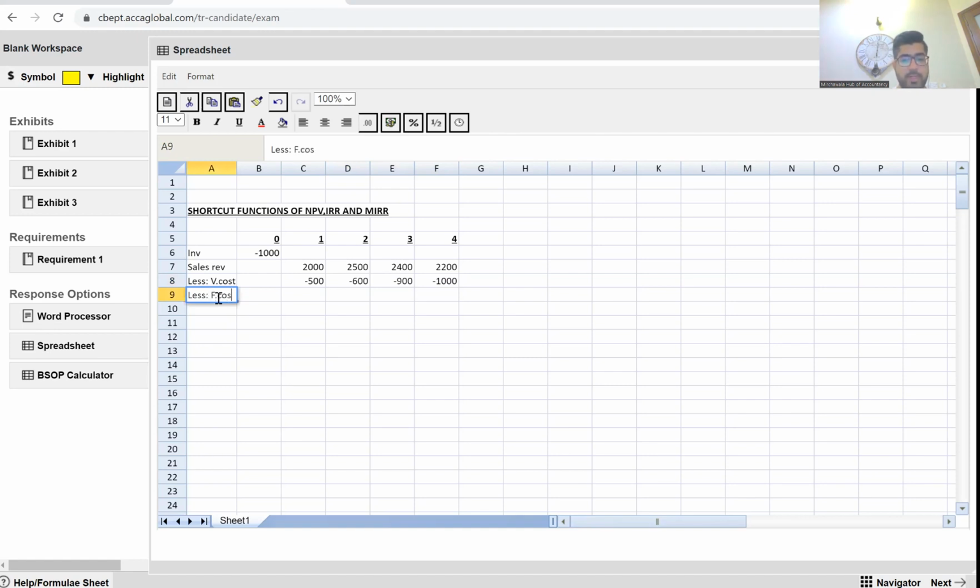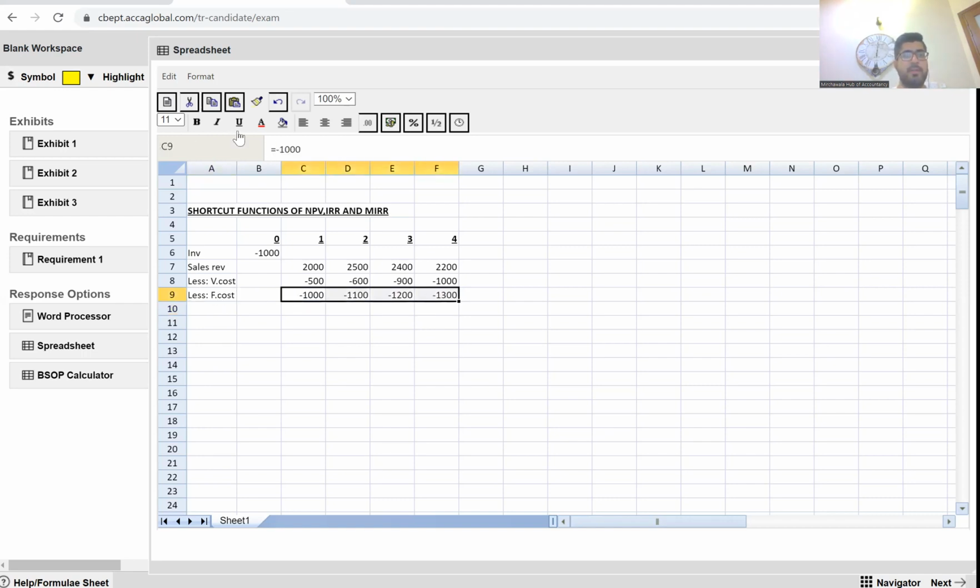We all know how to make an investment appraisal schedule. Let's suppose fixed costs are 1,000, it's an outflow. It's a step fixed cost, so 1,000, 1,100, 1,200, 1,300.